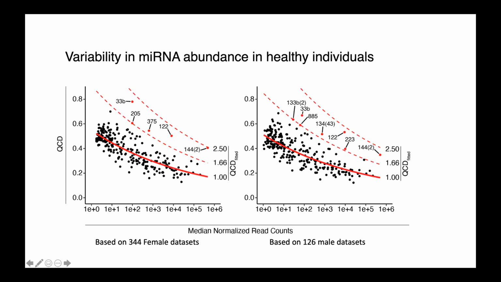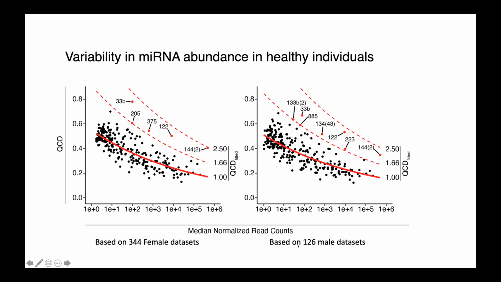Since this can also be seen as something like a standard deviation, it also suggests that at high read depth, at very abundant microRNAs shown here, we have about a 20% variation up or down. This approach also allowed us to determine thresholds for what is normal variability and what is elevated variability. And we did this for the 344 female data sets, including the one pregnant.